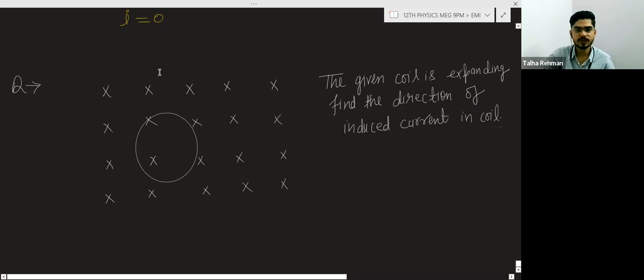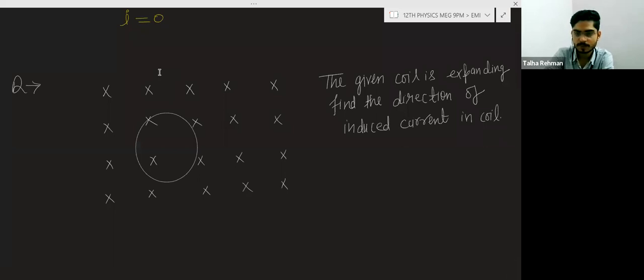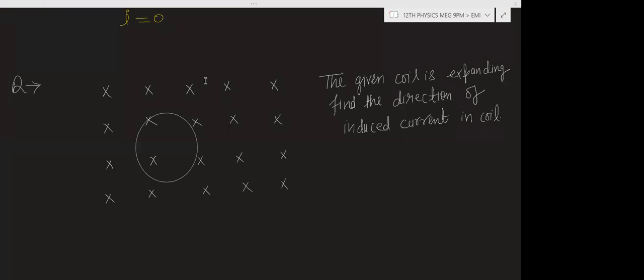First note down this question and after this solve this. I am giving 2 minutes. Tell me the answer.